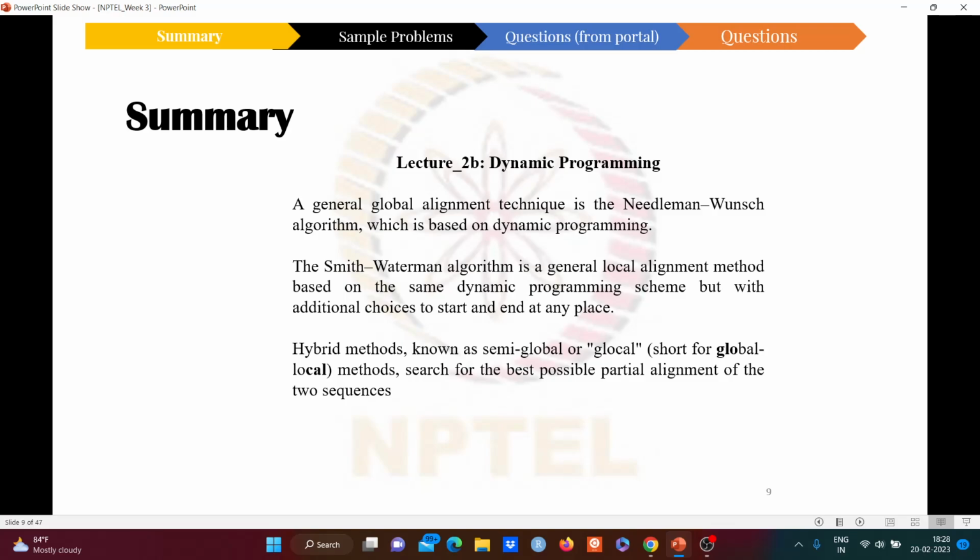This can be especially useful when the downstream part of one sequence overlaps with the upstream part of the other sequence. In this case, neither global nor local alignment is entirely appropriate. A global alignment would attempt to force the alignment to extend beyond the region of overlap, while a local alignment might not fully cover the region of overlap.